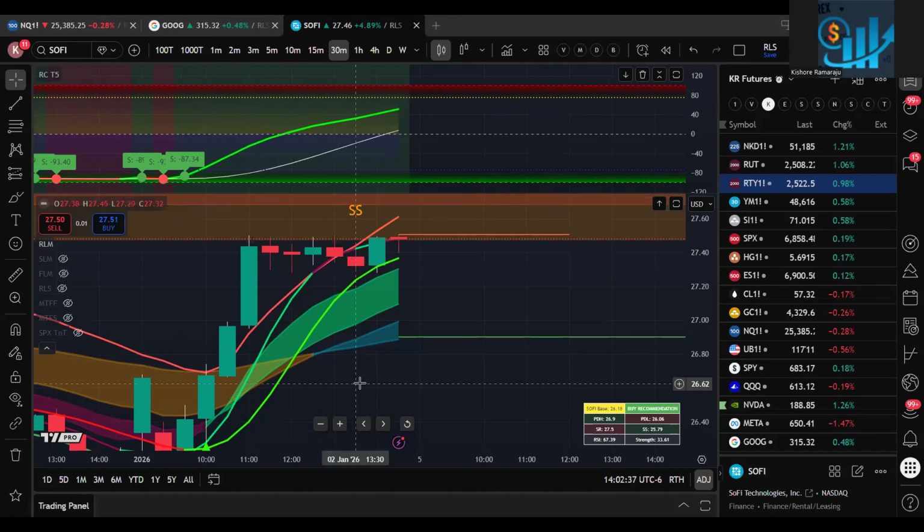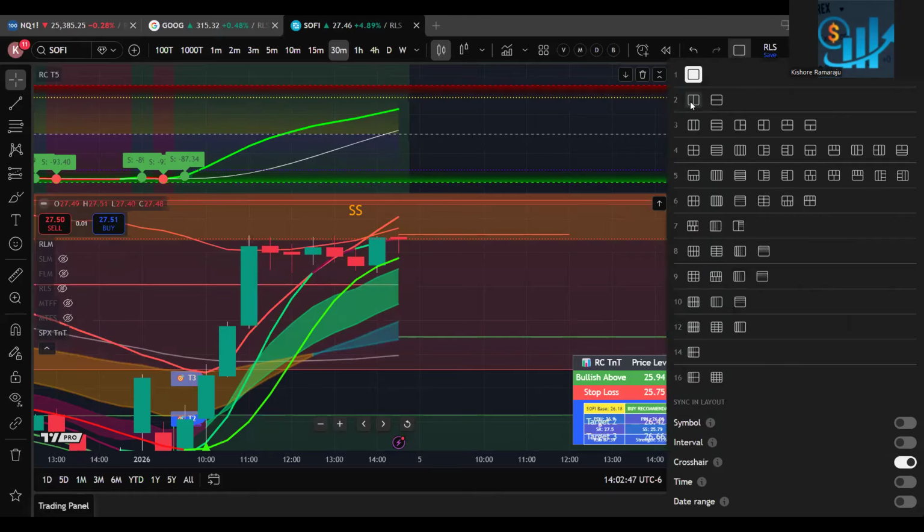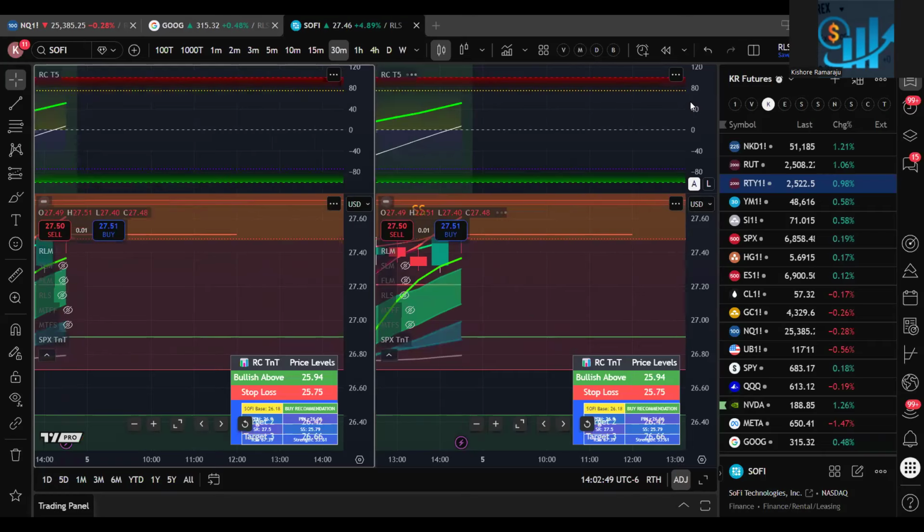One more thing you can do is the best way where you can do both swing trades and day trades. You divide your chart into two parts.